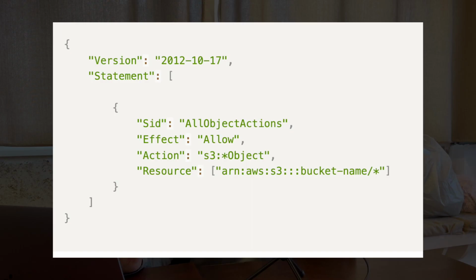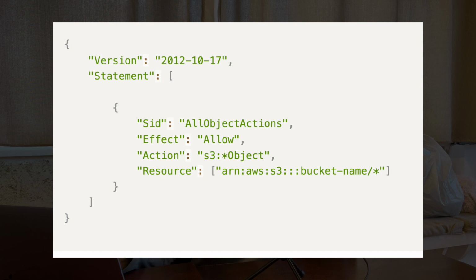The second JSON is like an advanced version of the ones we have seen, where we use a wildcard. The effect is Allow again. The action is s3:*Object. What does it mean? With the wildcard, it means that all the APIs with that prefix and then Object can be called using this policy, which will be GetObject, PutObject, and DeleteObject, inside the bucket we specified.